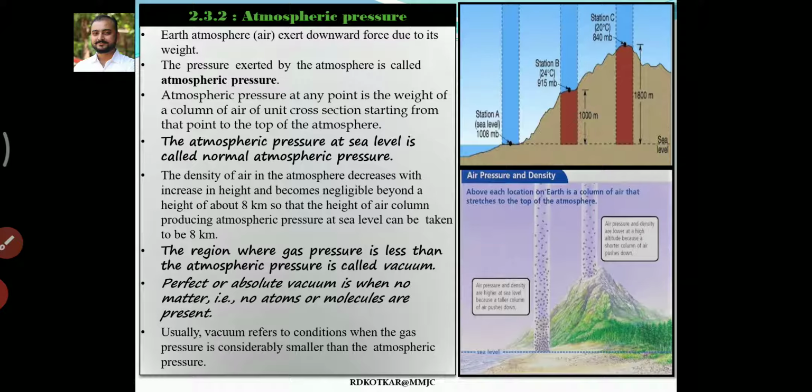Usually vacuum refers to the condition when the gas pressure is considerably smaller than the atmospheric pressure. In general, what is a vacuum? The gas pressure is less than that of the atmospheric pressure. It means the pressure at a given point is less than the atmospheric pressure. Then it is called a vacuum.